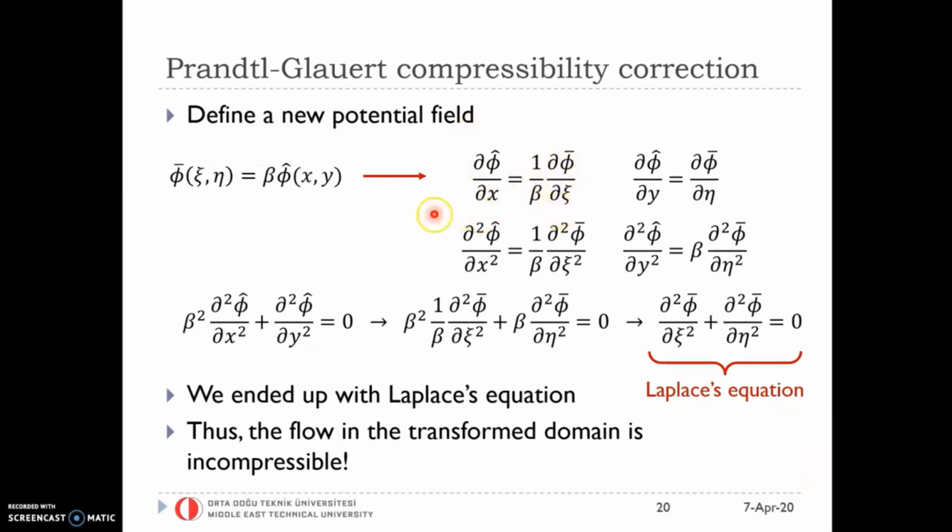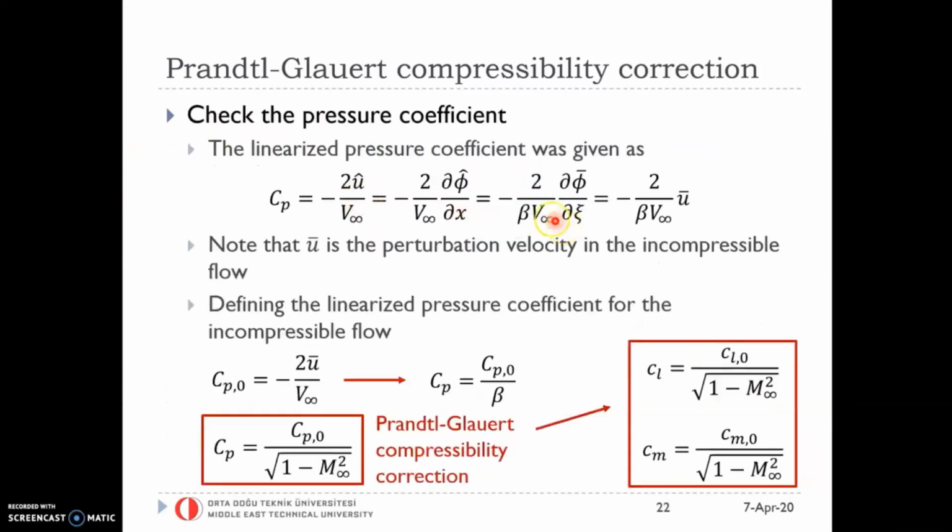Okay. This was achieved through this definition of the new potential field. Okay, let's come back to here. Then if I insert 1 over beta times del phi bar over del xi here, then also replacing this with the perturbation velocity in the transform space, which is then u bar, I end up with -2 over V infinity times u bar divided by beta.